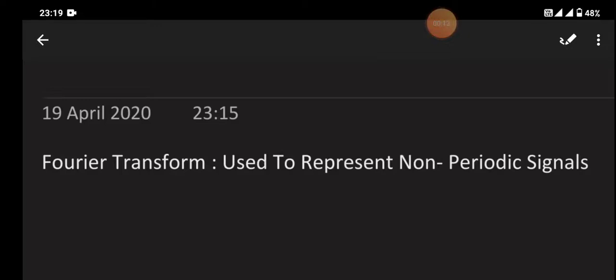As you can see on your screen, Fourier transform is used to represent non-periodic signals.